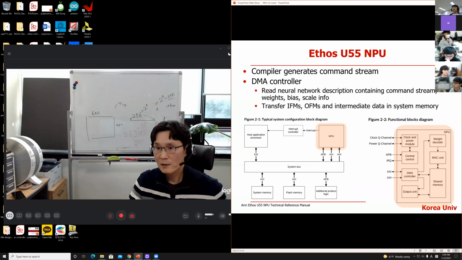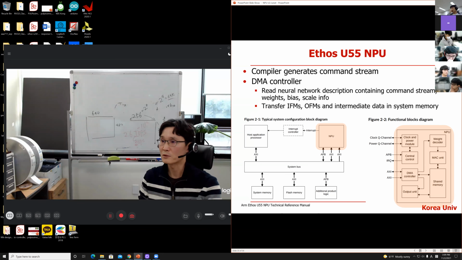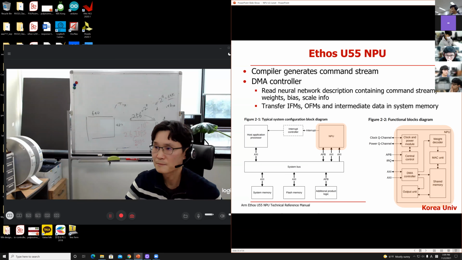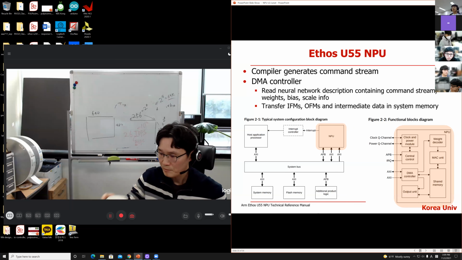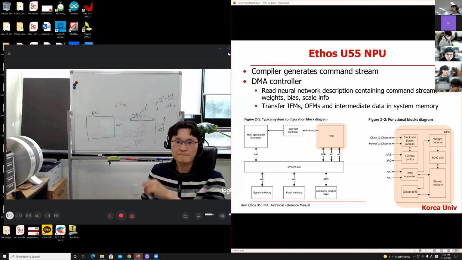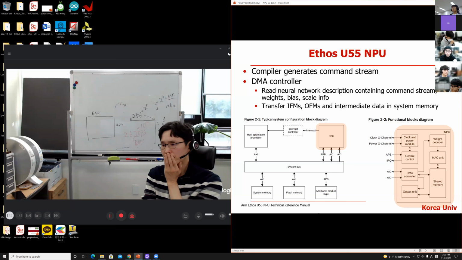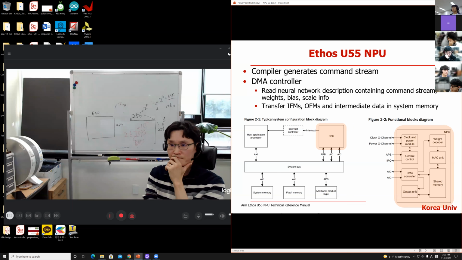Okay, some more information about that NPU. This one, Himin, can you please? The compiler generates a command stream. The DMA controller reads the neural network description containing the command stream, base, bias, and scale info, and transfers IFMs, OFMs, and intermediate data in system memory.